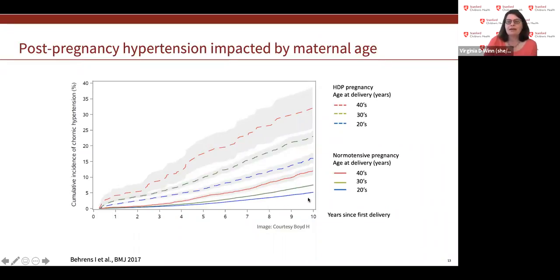That makes sense. A 40-year-old at 50 has about a 7% risk of chronic hypertension if she had a normal pregnancy. In contrast, if they had hypertensive disease of pregnancy, these risks are increased for every gestational age and maternal age, such that a decade after hypertensive disease, a 40-year-old has a 30% rate of chronic hypertension.